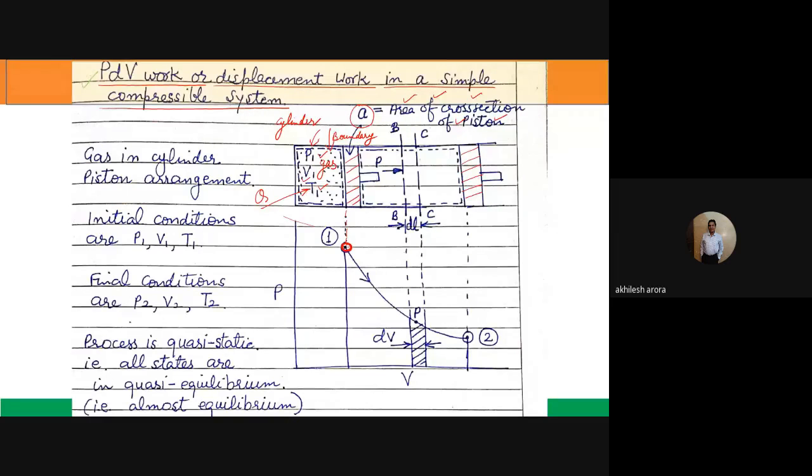This is the final position of the piston. I call this state point 2. Now the boundary has moved up to here. This is the position of the boundary now, so the gas has expanded up to here.